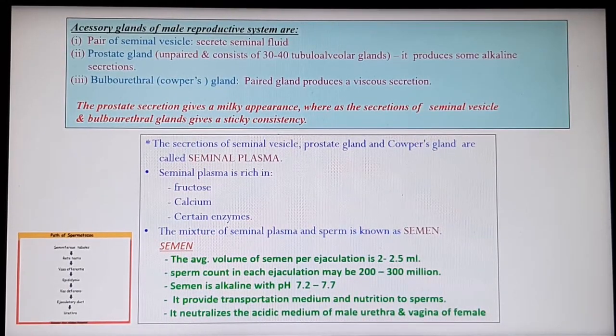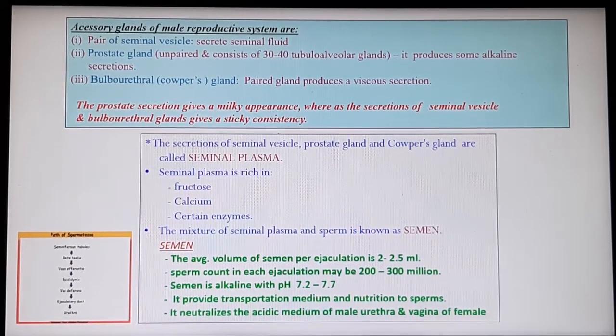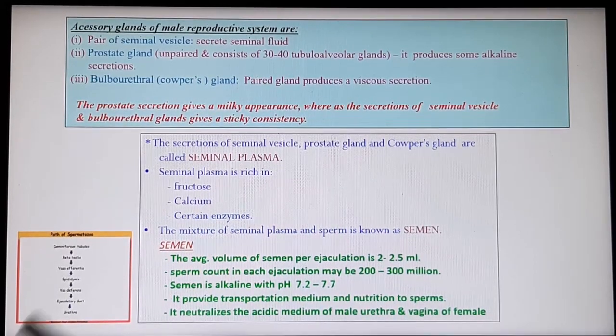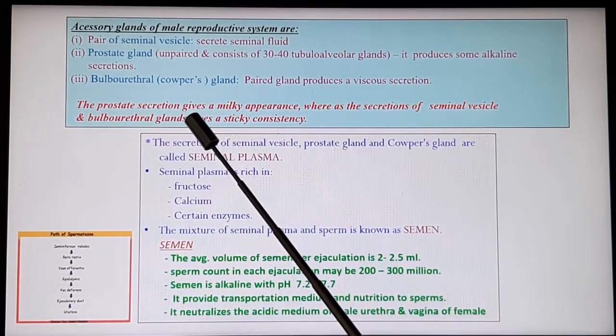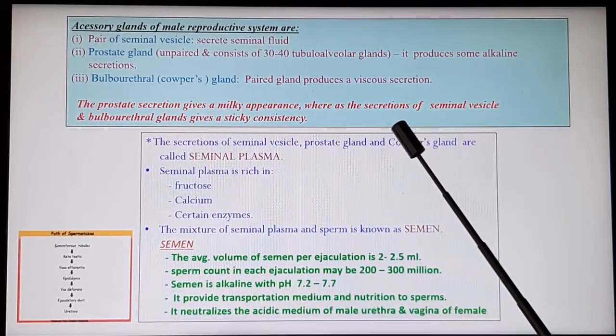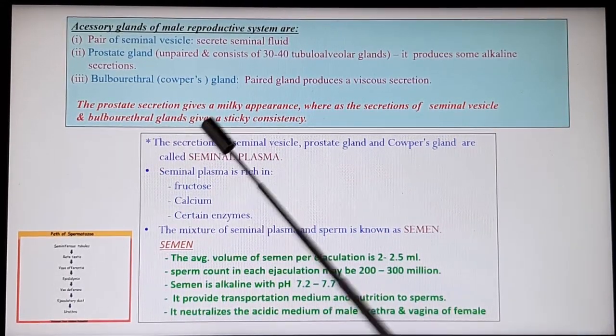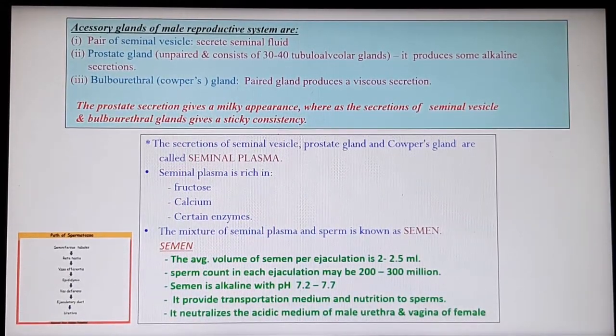The third gland is the bulbourethral gland or Cowper's gland. It produces a viscous secretion. The prostate secretions give a milky appearance, whereas the secretions from the seminal vesicle and bulbourethral gland give a sticky consistency.